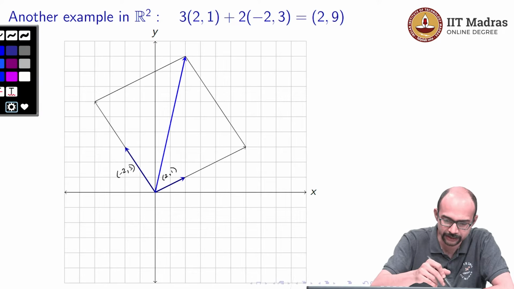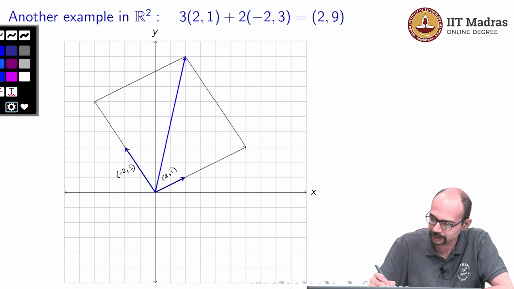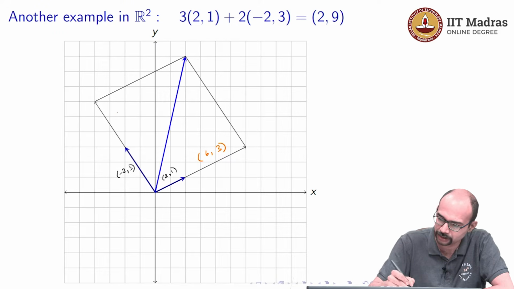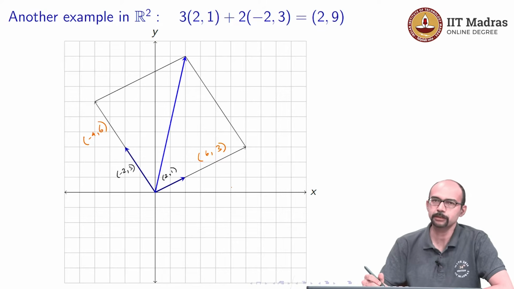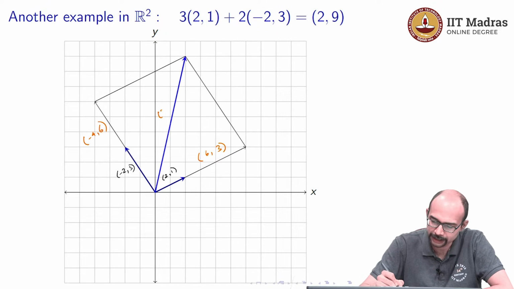If we scale these, 3 times (2, 1) is this large thing we get here, which is (6, 3), and 2 times (-2, 3) is this larger vector we get here, which is (-4, 6). And then when we add them, we use the parallelogram law and we get the vector (2, 9).